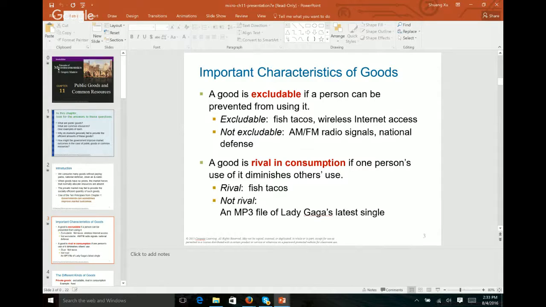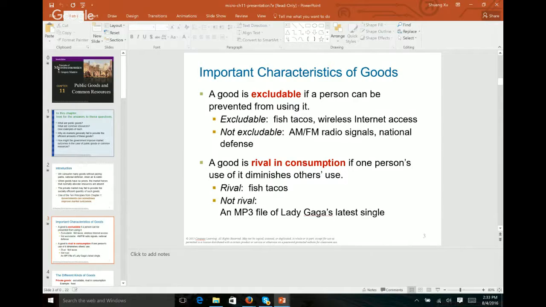Rival in consumption means that if one person's use of the good diminishes the quality of consumption for another person. Any good that suffers from congestion is rival in consumption.